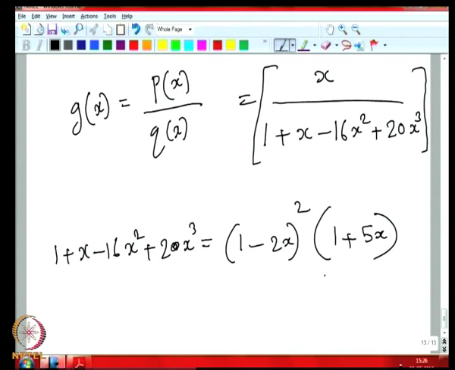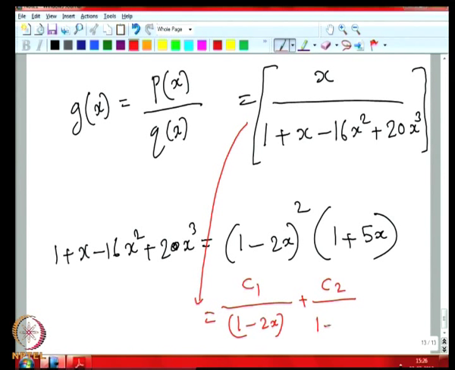You should try it out. Then you can write this as some c1 times 1 minus 2x plus c2 times 1 minus 2x whole square plus c3 times 1 plus 5x.